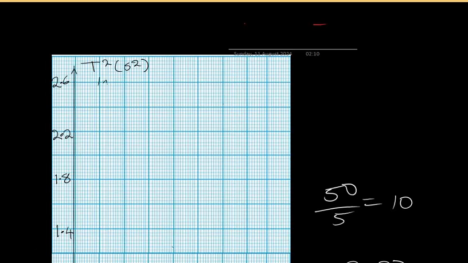So in the t square axis, I say that 2 cm is 0.2 unit. Then here in the L axis, 1 cm, please pardon me, 1 cm is equivalent to 10 units, or 10 cm.